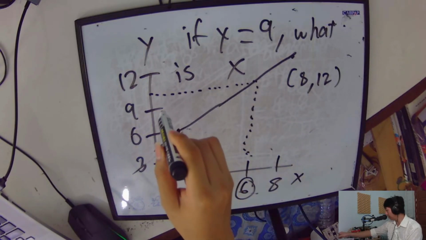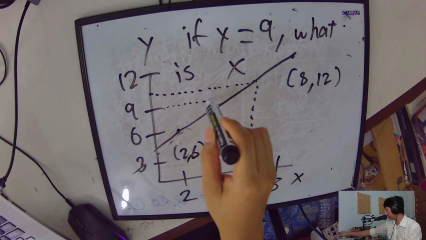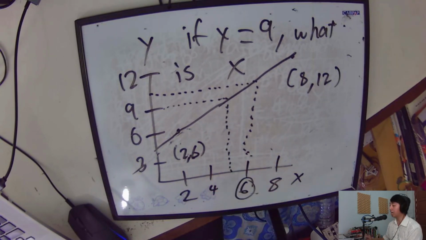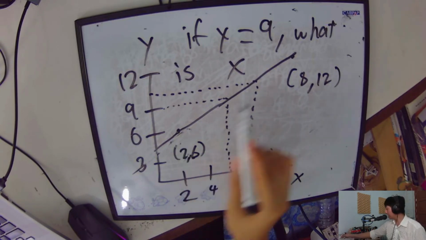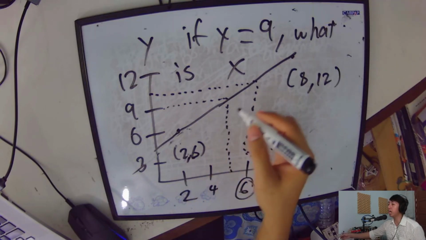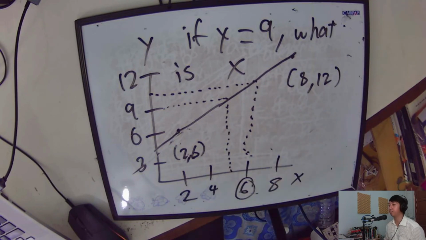So you have 9 dan kamu guna graph untuk buat anggaran. So this is what we call interpolation, di mana kita guna data yang kita sedia ada dan cuba cari jumlah-jumlah yang ada di tengah-tengah, kita buat anggaran lah. And the other one is extrapolation.